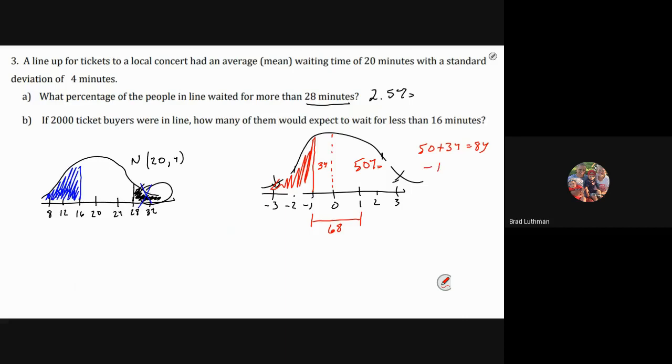Subtracting that out, 1 minus 84 is 16, which must mean that for this, less than 16 minutes is 16%. Now, because it's an expected value problem, we're going to go 2,000 times the 16%, and we'd expect 320 ticket buyers to wait in line for less than 16 minutes.